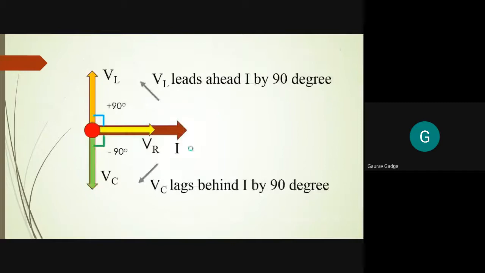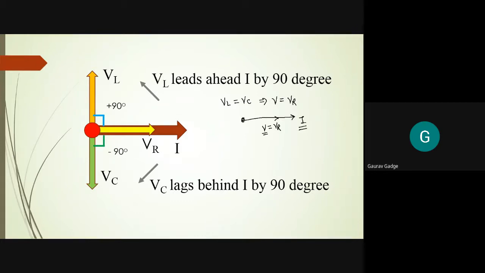Now what we have here, VL under resonance condition, VL is equal to VC. If both the magnitudes are same, we already said that V is equal to VR. Now, when we say V equal to VR, it indicates that this phasor diagram which we have drawn, where the current is on reference axis, VR is in same phase with the current, and as we said, for resonance condition V is equal to VR, it means we can say voltage is in phase with current.